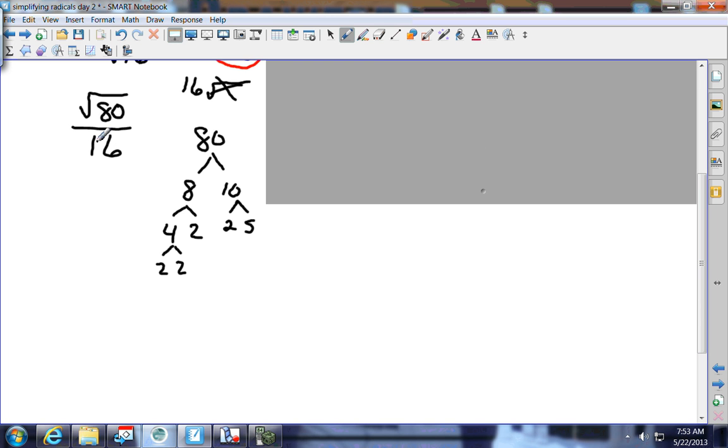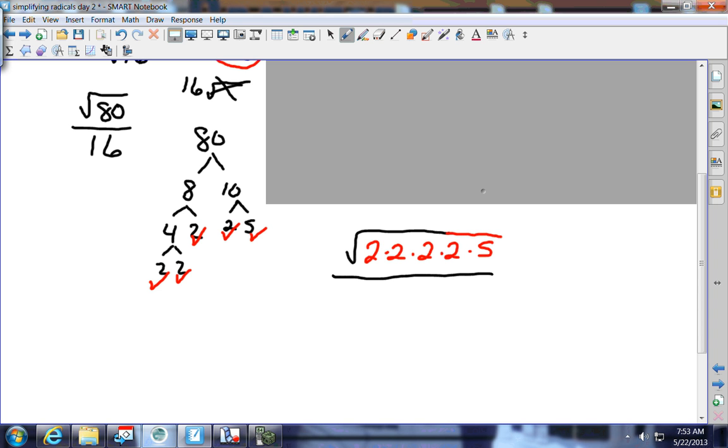Okay, to bring this down here, the square root of 80 is actually 2 and 2 and 2 and 2 and 5. Okay? All over 16. That 16 still stays there.